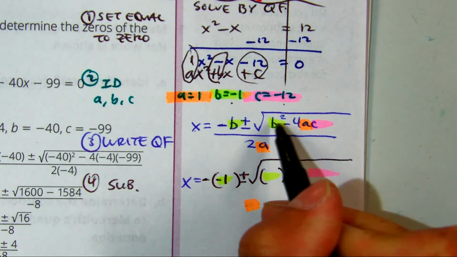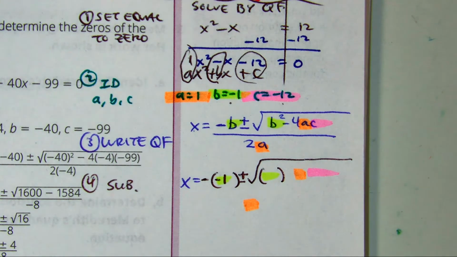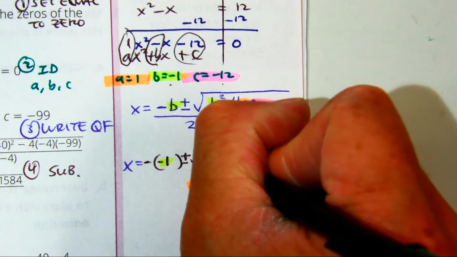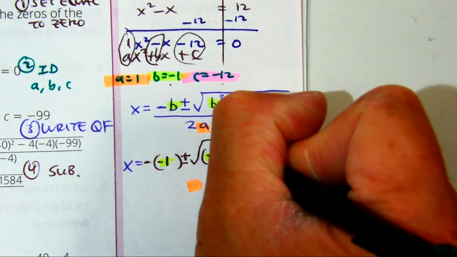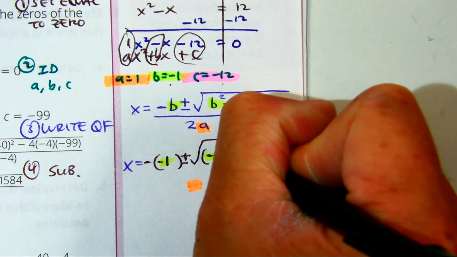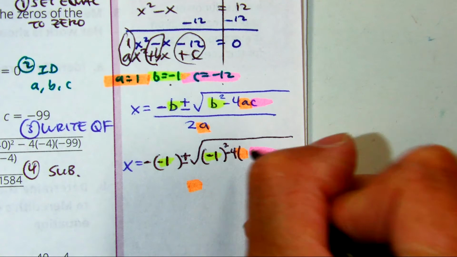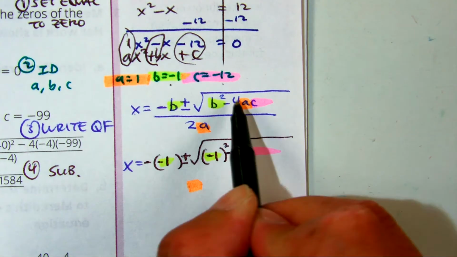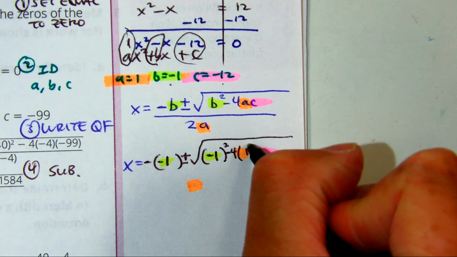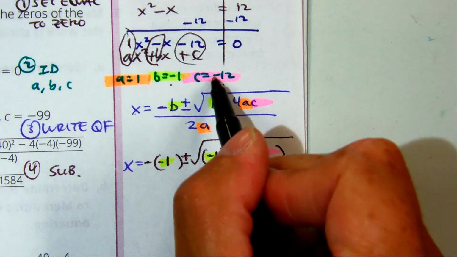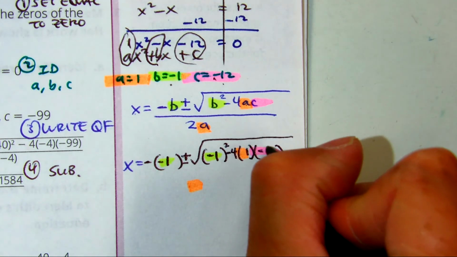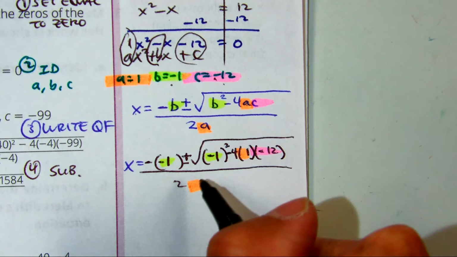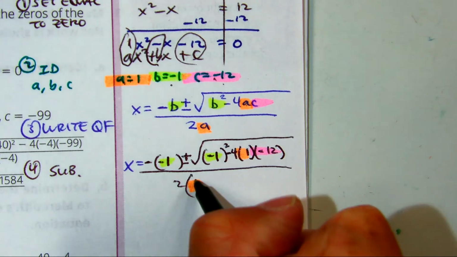Class, what's our B value? Negative 1 inside the parentheses squared minus 4 times my A value, which is 1, and my C value, negative 12, all over 2 times 1.